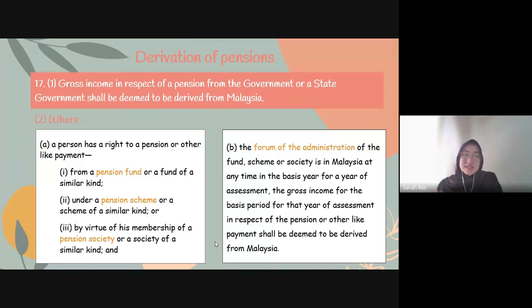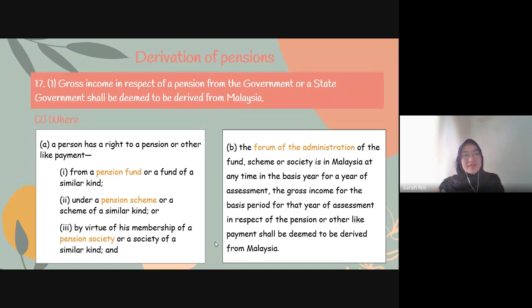And lastly is the derivation of pension. Derivation of pension lies under section 17. Section 17(1) states that gross income in respect of pension from the government or a state government should be deemed to be derived from Malaysia. For example, here is EPF, Employees Provident Fund.